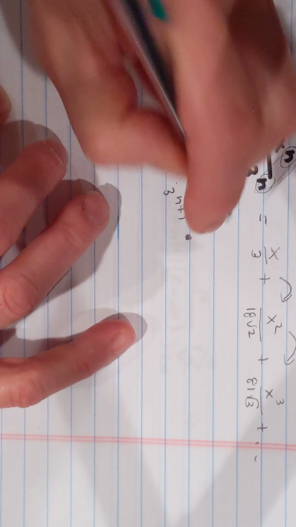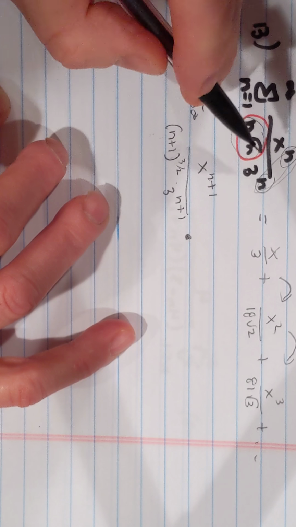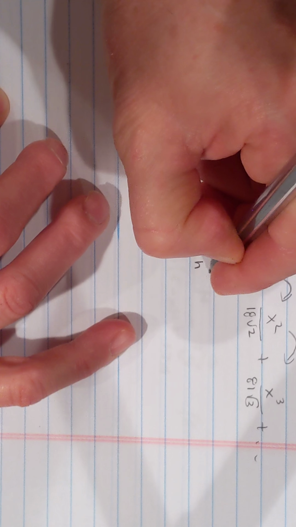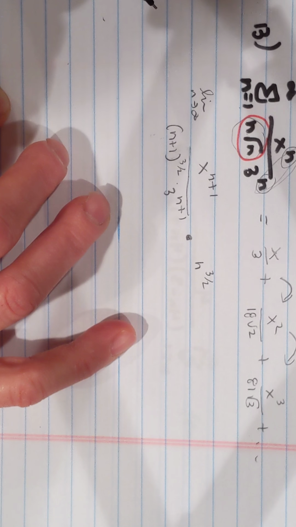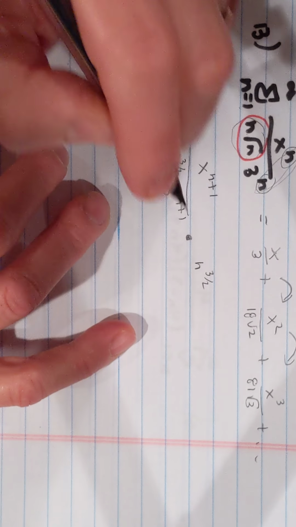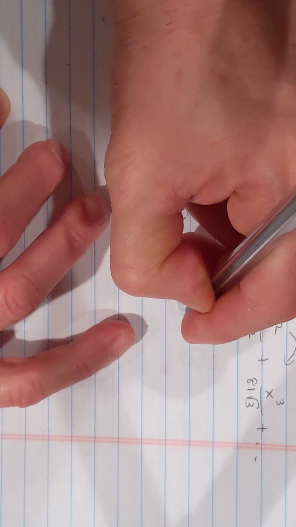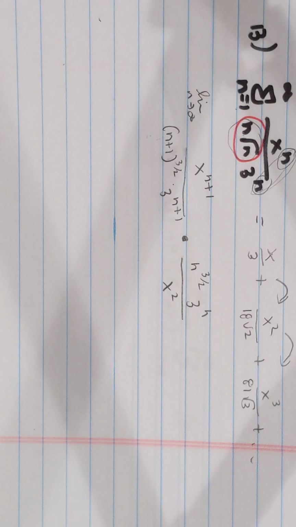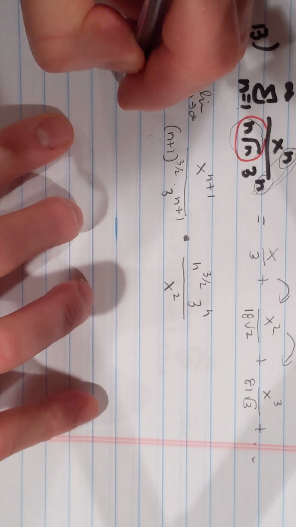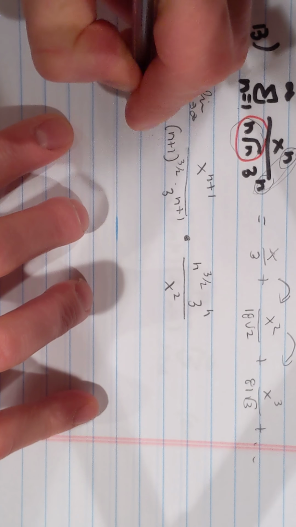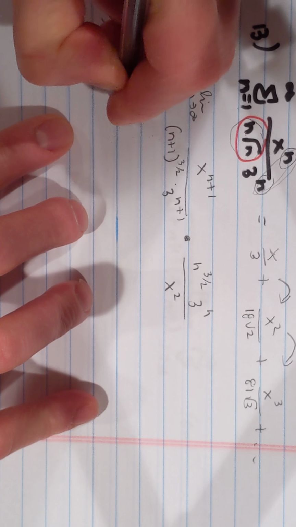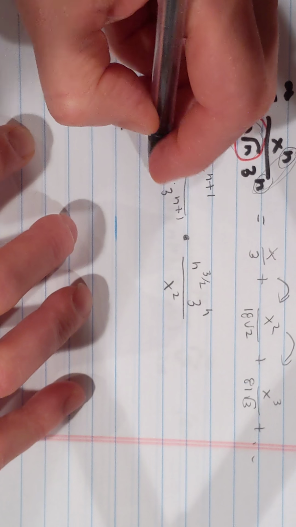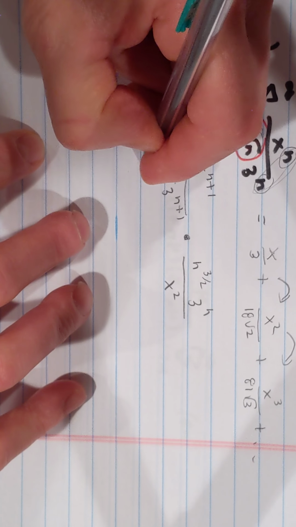Divided by the nth term, which is this one. But instead of dividing, I'm going to multiply by the reciprocal. Again, remember I rewrote that n square root n to n 3/2. So now I've divided by the reciprocal. Now what I'm going to do is line stuff up. It's hard to see them in this mess. I'm going to put the n's on first.